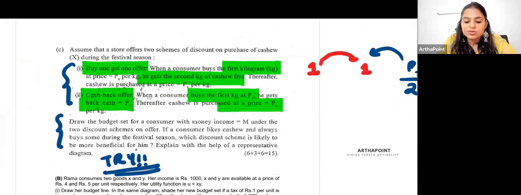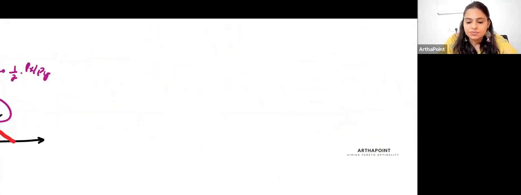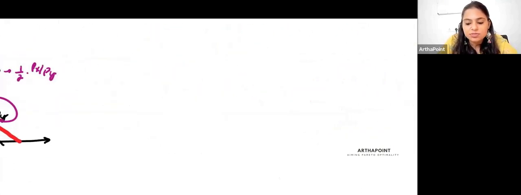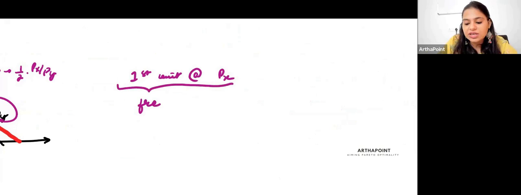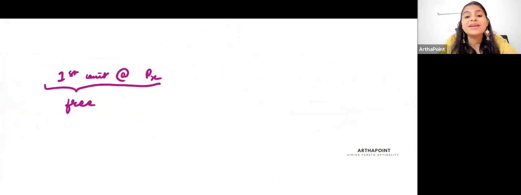Let's look at the second question. Cashback offer. So cashback is this. I bought the first unit at the rate of Px, and the moment I paid you, you gave me this Px back. So ideally it was free of cost. So which means you got this first unit free because you got complete cashback on that unit.